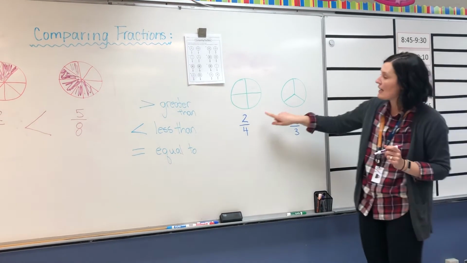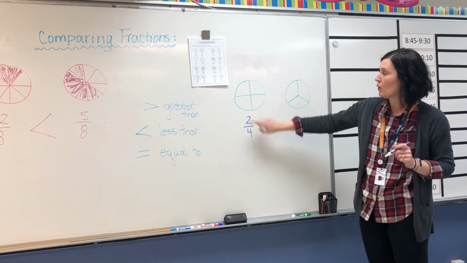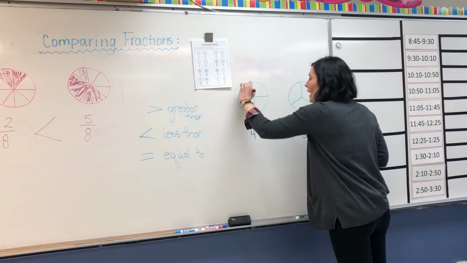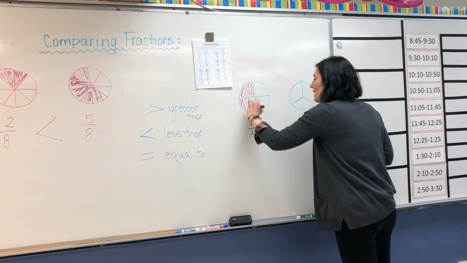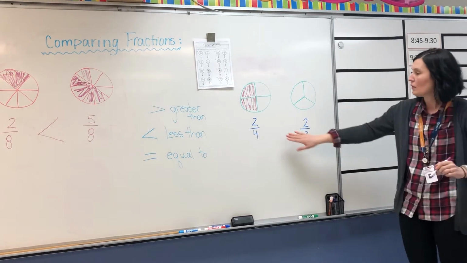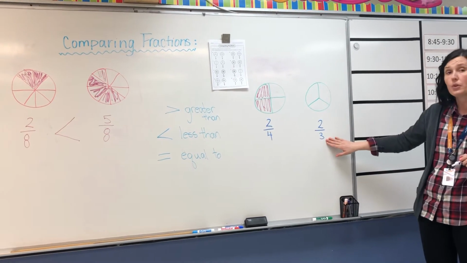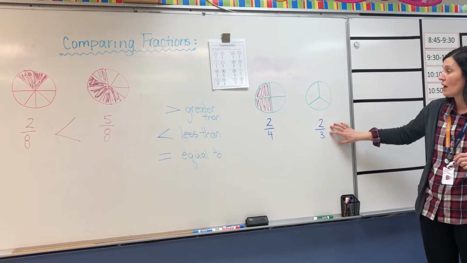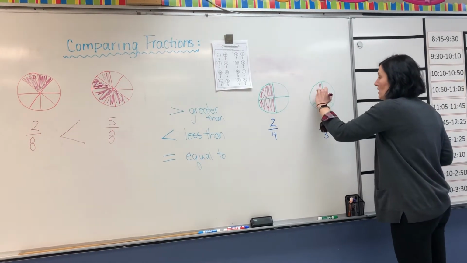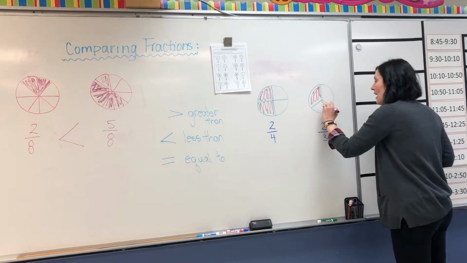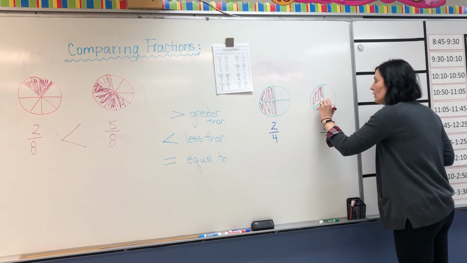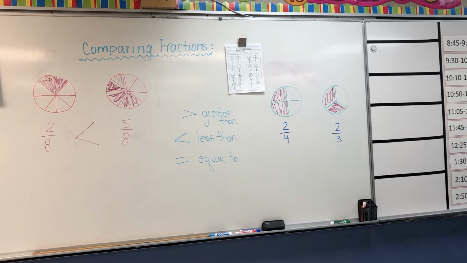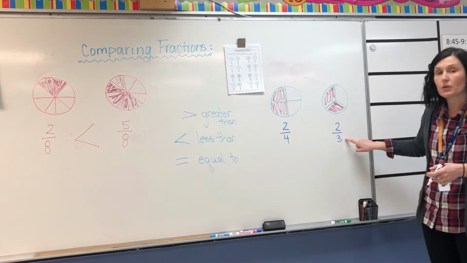So I'm going to shade in 2 out of 4 parts of this circle. So let's go ahead and do 1 and 2. And I want to compare it to 2/3. Which one is bigger? So I'm going to color in 2 parts of my 3 parts. So 1 and 2. Okay, so now I'm looking at my circles, okay, and I think that my 2/3 is bigger.